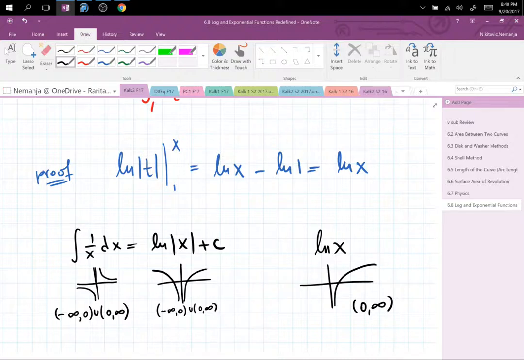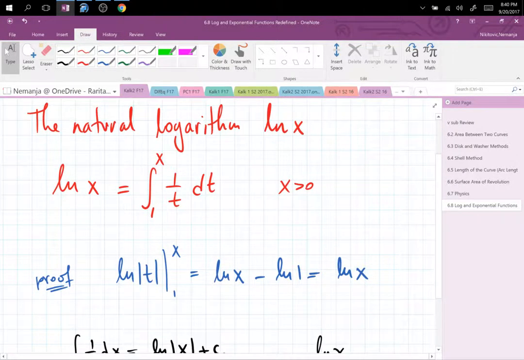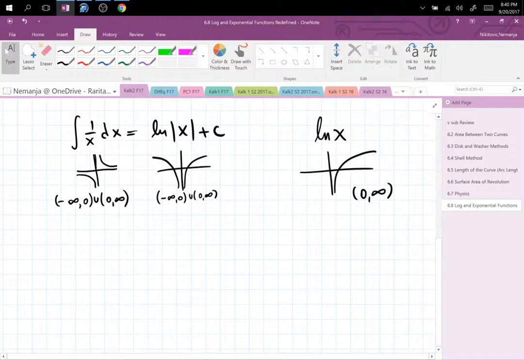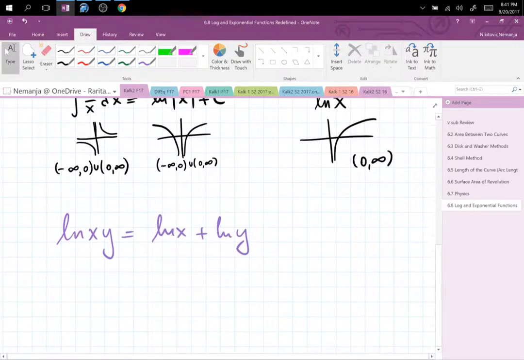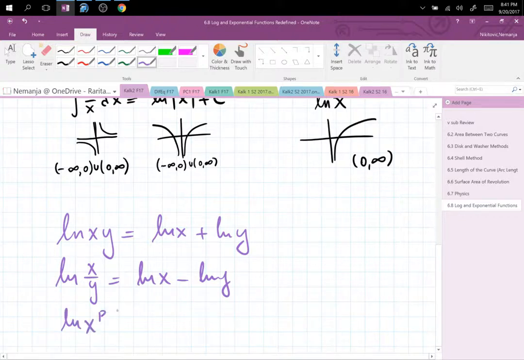What follows in the lecture are the proofs where you can use this new definition to show how the formulas work, such as ln xy is ln x plus ln y, ln x over y is ln x minus ln y, and ln x to the p is p ln x.